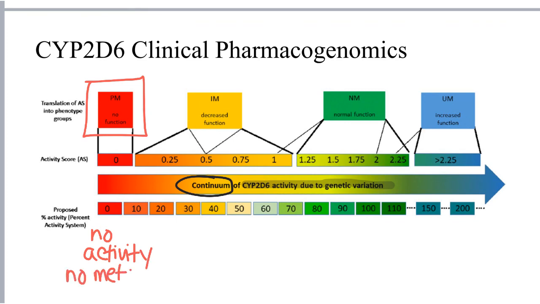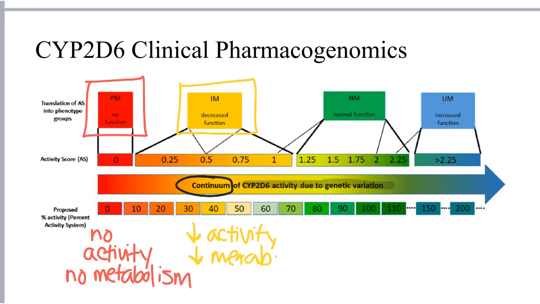Intermediate metabolizers, again, these are individuals with slightly lower than normal enzymatic activity, have activity scores in the range of 0.25 to 1, and the enzyme in that case is about 25% to 75% functional. Normal metabolizers, also called extensive metabolizers, are considered to have normal enzymatic function, and this is the majority of individuals in the population.